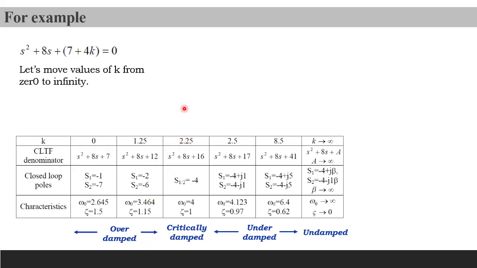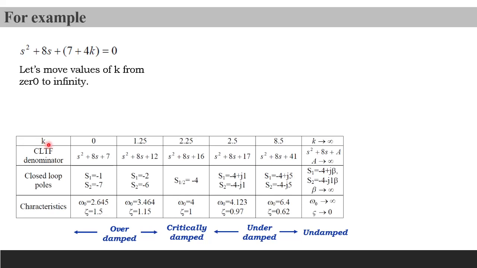But at k equals 2.25, the system has repeated roots, which means we have zeta equals 1 and a critically damped system, right? And as the values of zeta get less than 1, of course, we have an underdamped system, and then moving onwards to 0 we have an undamped system. So we can use k as a regulator. As we tune the values of k, the behavior of the system changes, right?